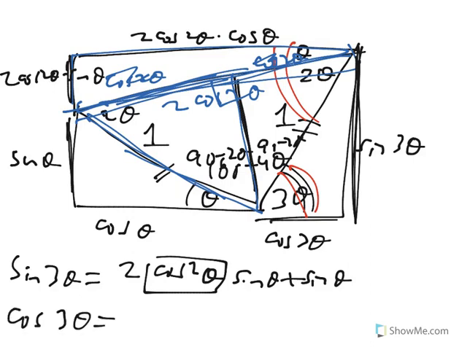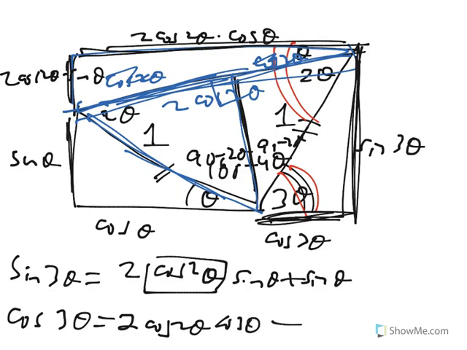On the other hand, cosine 3 theta is over here. It's equal to this big thing, 2 cosine 2 theta cosine theta, minus this piece here, which is minus cosine theta. If I replace this cosine 2 theta with 2 cosine squared theta minus 1, it will turn into the formula that we just saw.